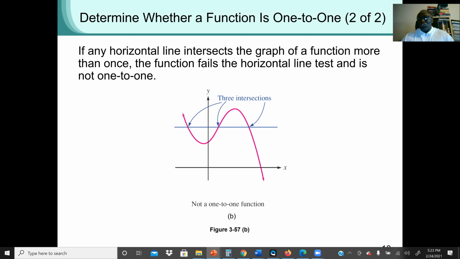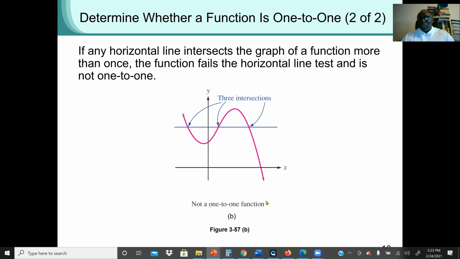One-to-one means each x value, which is the domain or the input, will only generate one unique y value, or the range. But here we have three domain x values generating the same output. So this is not one-to-one.